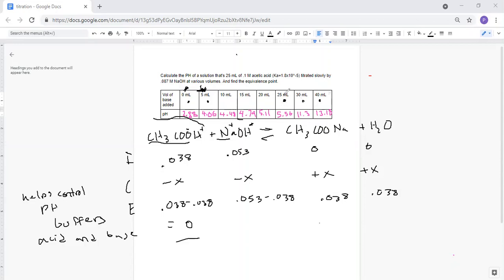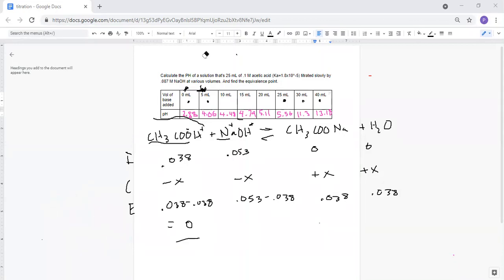As you can see, our pH was controlled here. It wasn't going crazy every time. It was within one difference of the next time. But here, it just went insane, right? It just went crazy. That was because we passed our equivalence point. Equivalence point is like the feather that breaks the camel's back, you know?